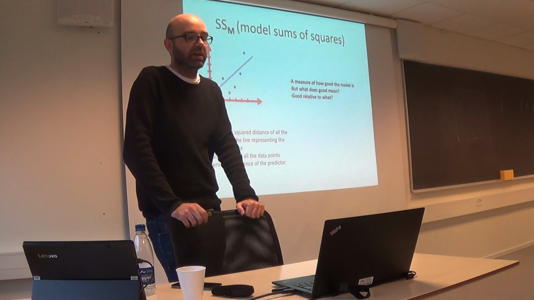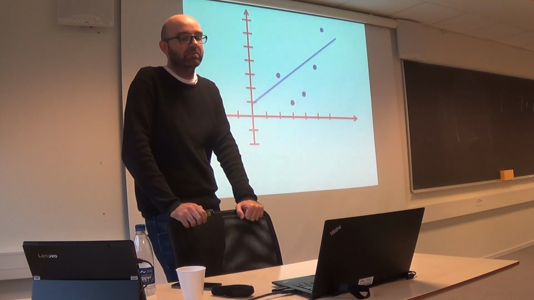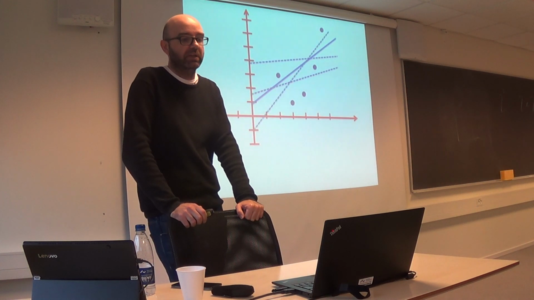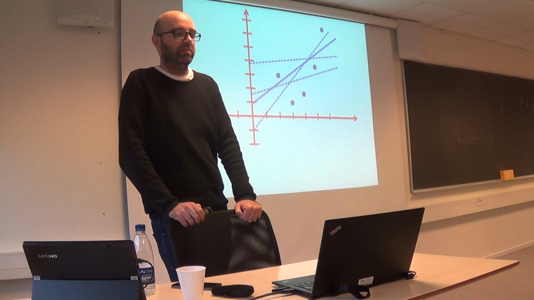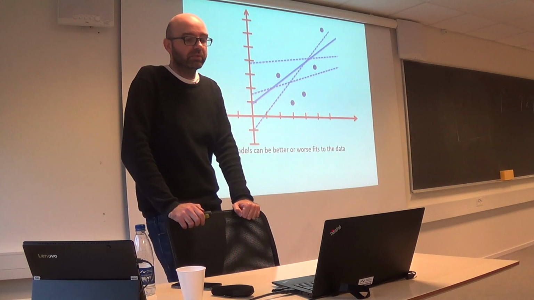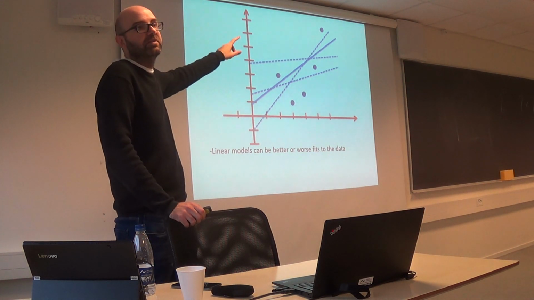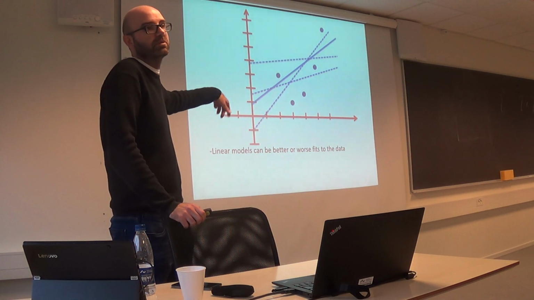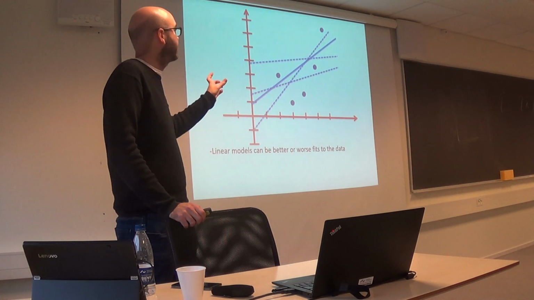So we could have drawn any line, right? We put the line here, but we could have put it here, or here, or here, or here. Why put that one? Why put the one that we did? It's kind of another way of interpreting the question from before. Well, linear models can be better or worse. All of these lines are going to have different residual sums of squares. They're going to have different added up error terms.